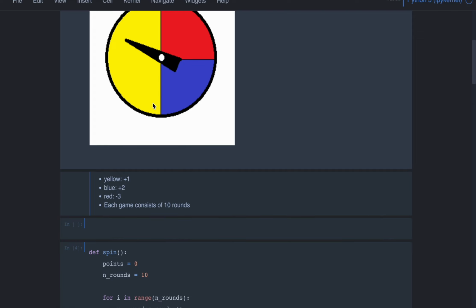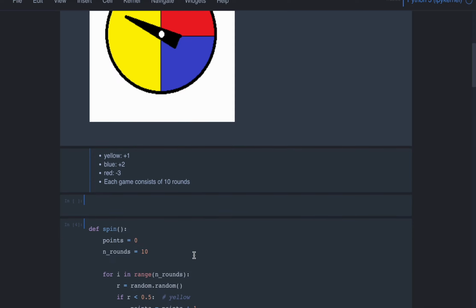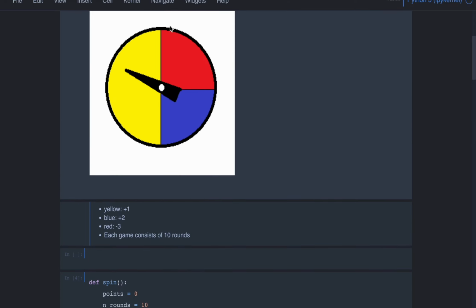For example, here we are saying if it lands on the yellow region, you will gain 1 point, right? So the yellow region consists of 50% of this circle, right? So the arrow lands on one of these regions. These 3 regions consists of 100%, and yellow consists of 50%. So what we do is we simulate a random number between, let's say, 0 to 1 or 0 to 100.